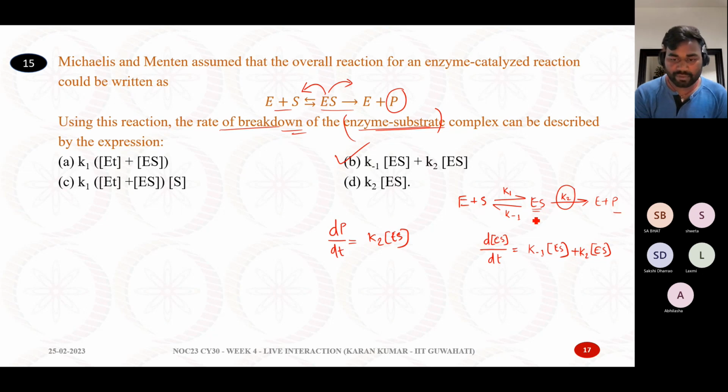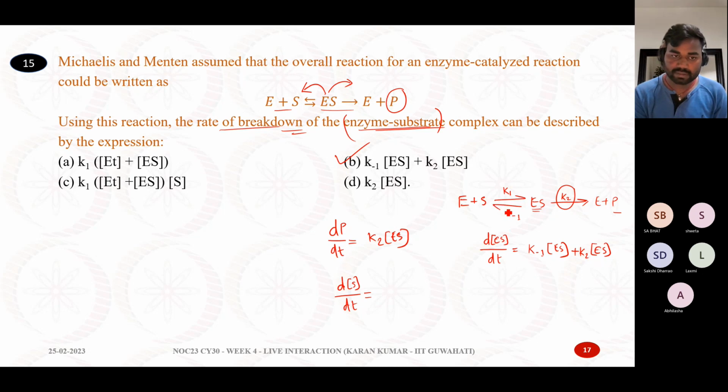And what will be the rate of substrate consumption? The rate of substrate consumption will be in only one direction, right?